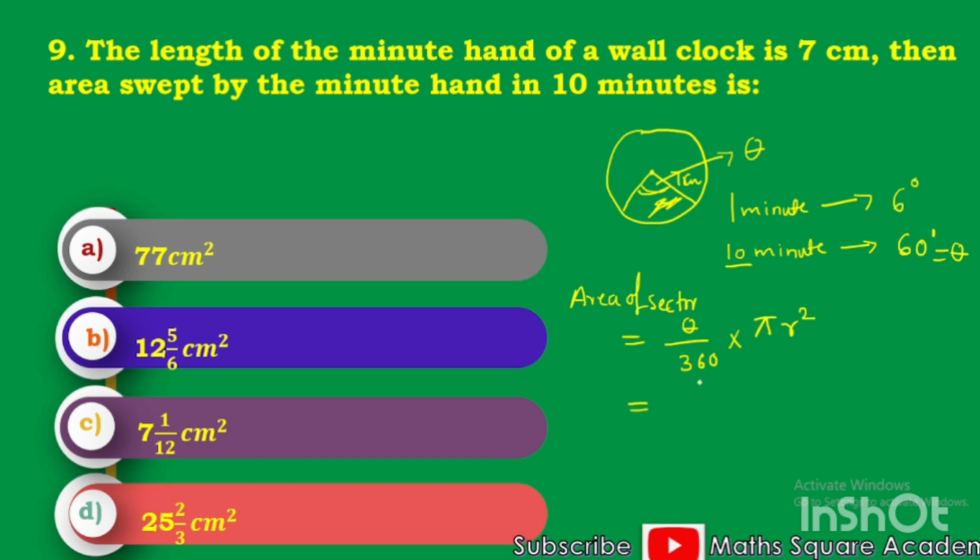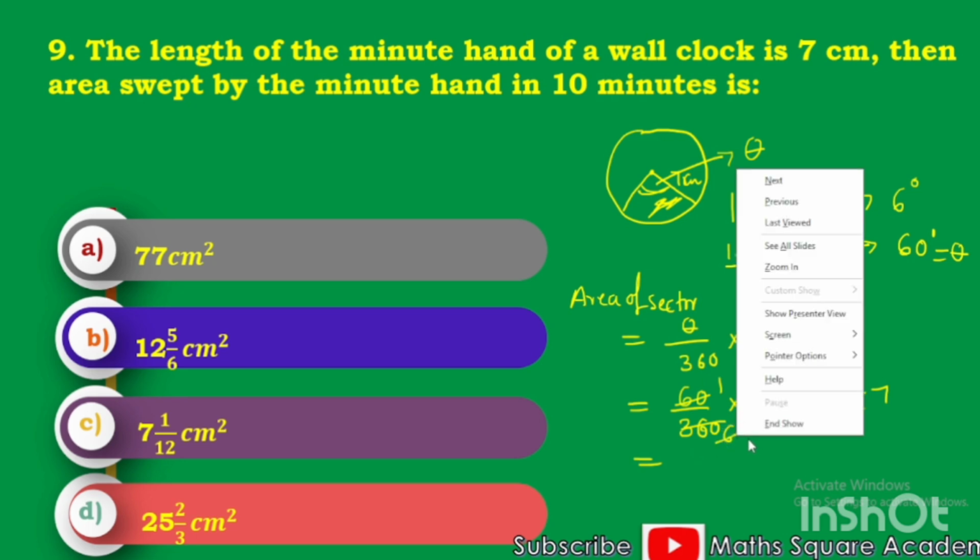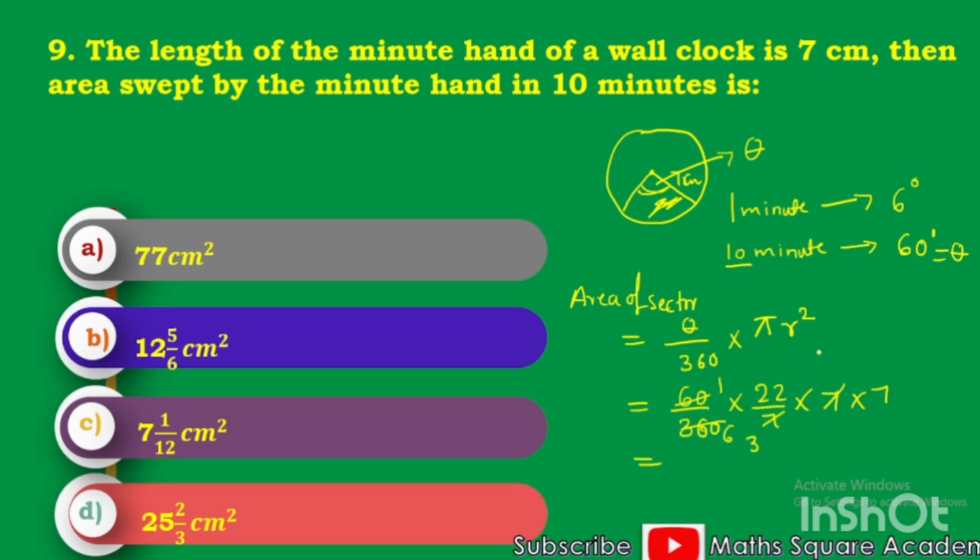Put the values and simplify. Theta is 60, this is 360, 22 by 7, r square, that is 7 cm, 7 cm. This 7 will get cancelled. 60 ones are 60, 66 are 360, so this is 1 by 6. Now 2 3s are 6, 2 11s are 22.